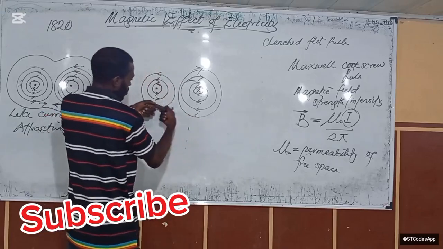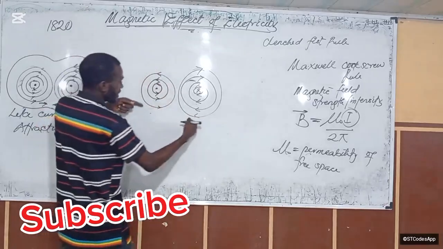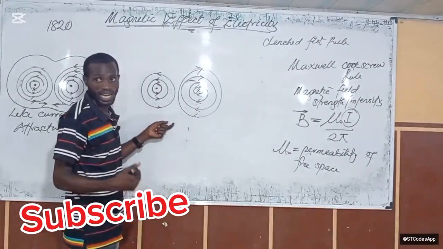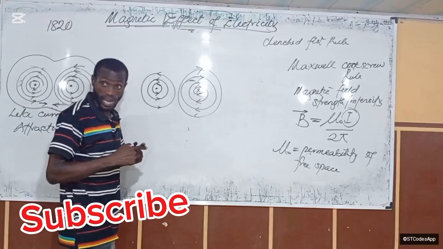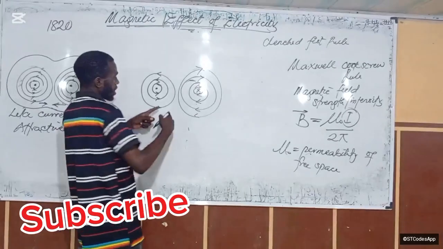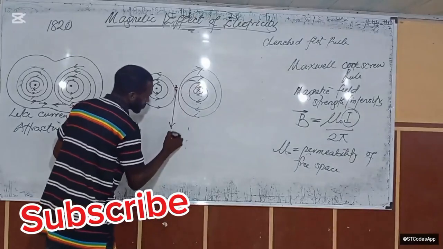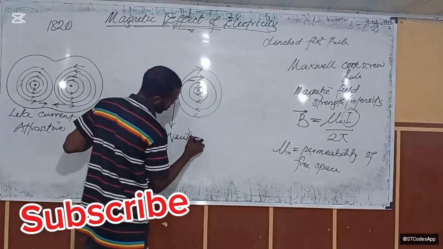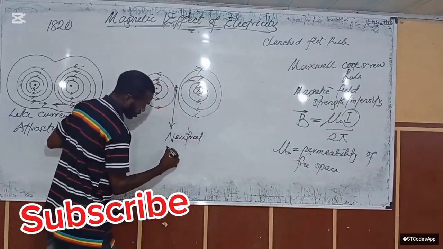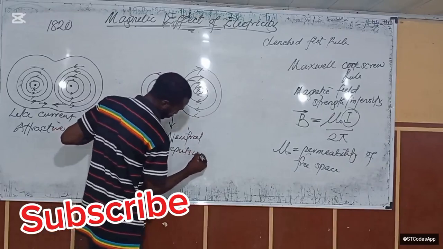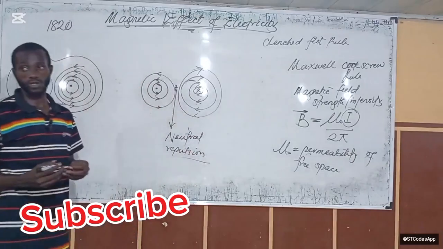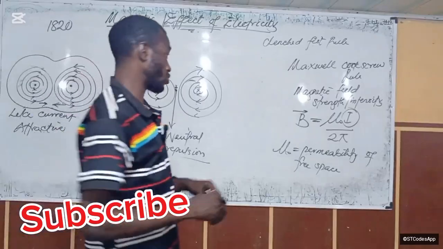The magnetic fields will want to touch each other and cancel out. But magnetic field lines don't touch. So if they don't touch, they will create a neutral point here. And for a neutral point to exist, there will be repulsion between the wires.